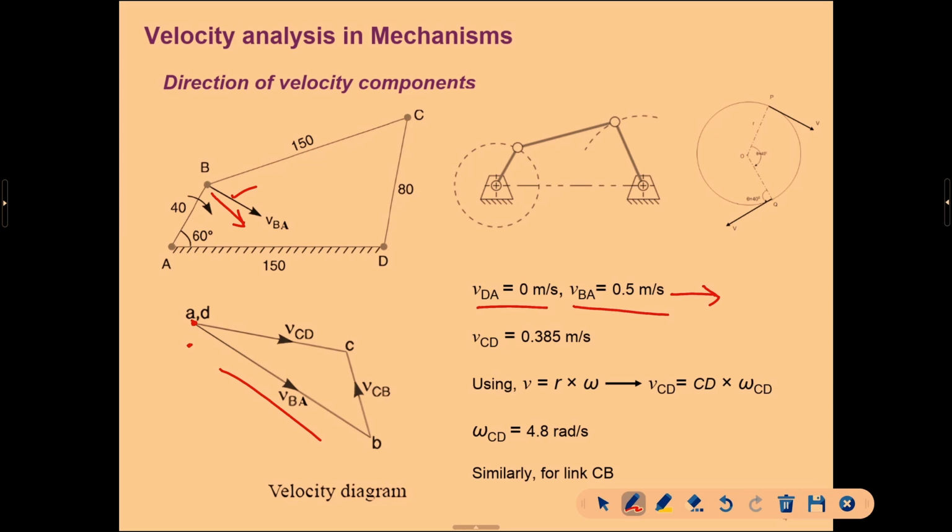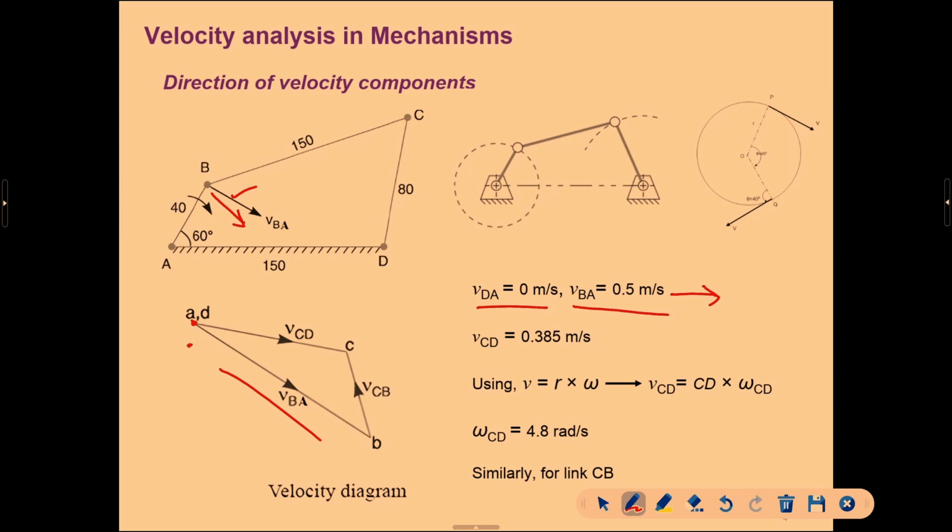Now, coming to these two links BC and CD, both make oscillatory motion. The motions are neither completely rotational nor linear, but any point on both the links makes a rotational motion, though not a complete rotational motion, a partial rotational motion.